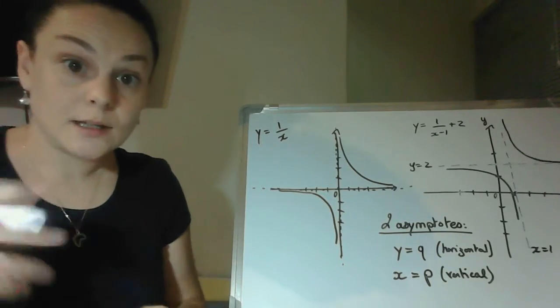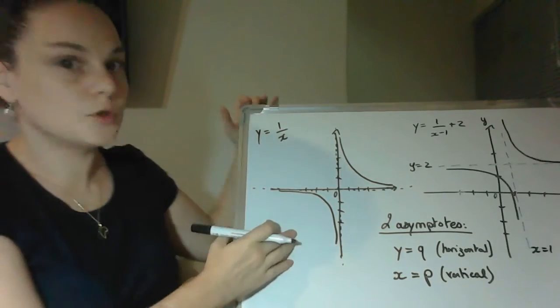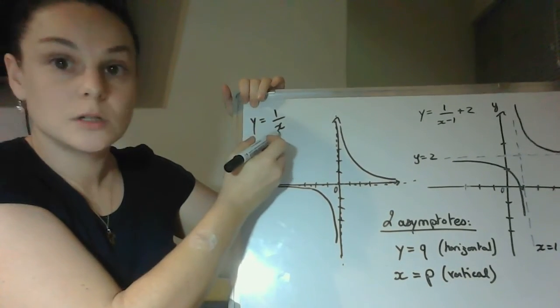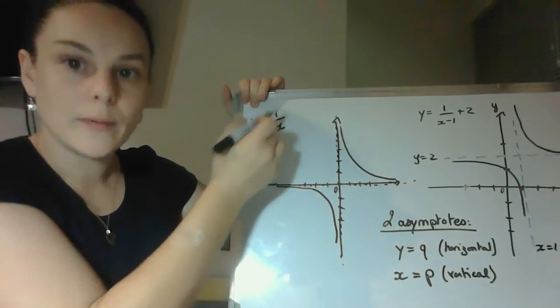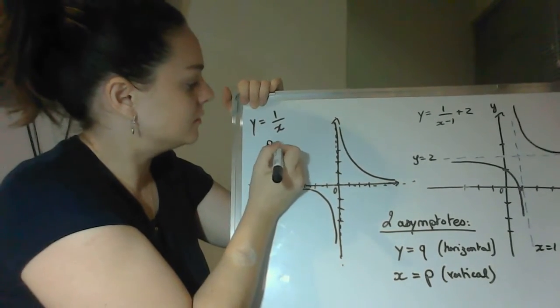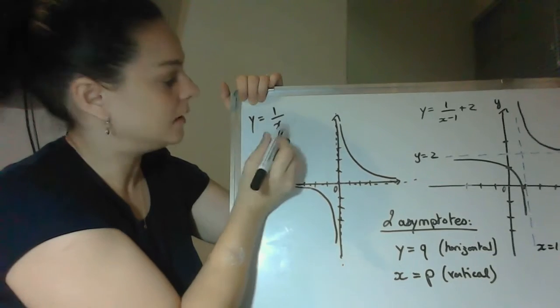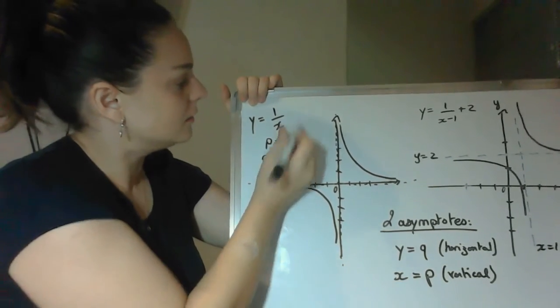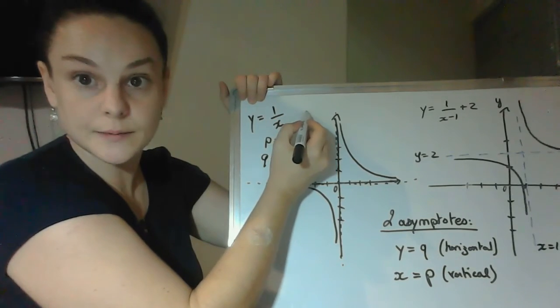Let's check the two asymptotes of this first one. A basic hyperbola, y equals 1 over x. For this one, the p value is 0. There is nothing after the x here, and the q value is 0. There is nothing after the fraction here.